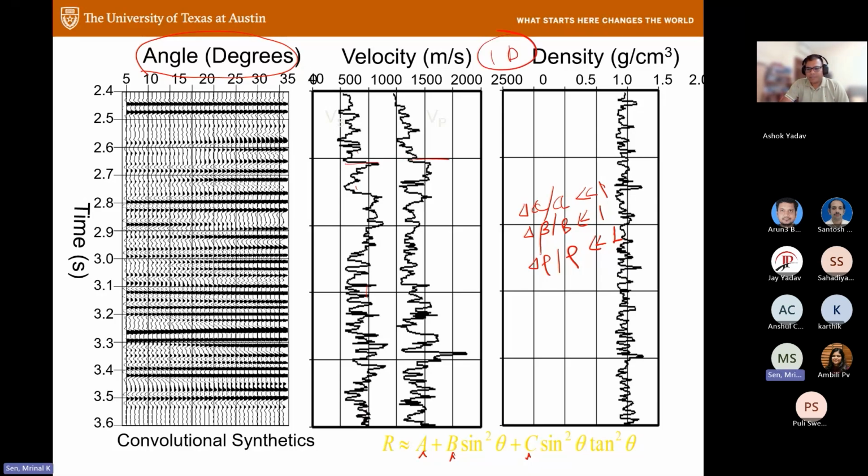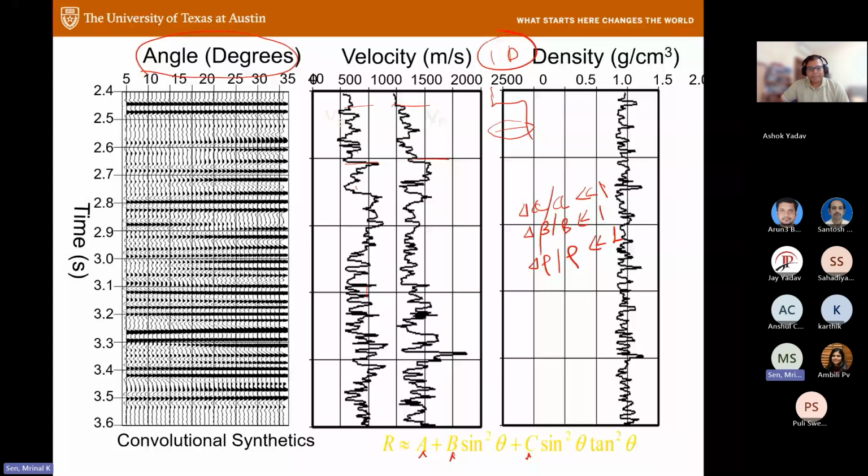The other assumption is that whenever you compute the reflection coefficient at these interfaces, you are assuming that your model is locally a simple layer over a half space, or the layers are so thick that you're not seeing any response from any other layer interfering with it.